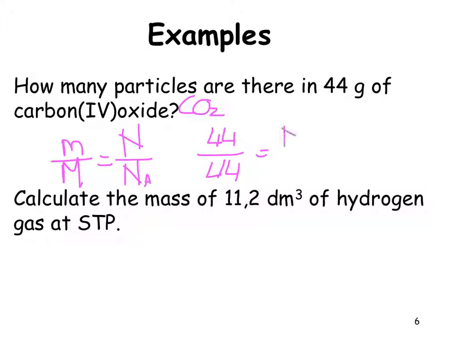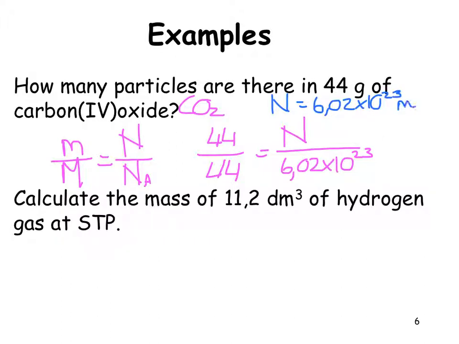I am asked how many particles I have got, and I know that Avogadro's number is 6,02 times 10 to the power of 23. When I work that out, I find that my number of particles is equal to 6,02 times 10 to the 23 molecules. And why am I choosing molecules? Because carbon dioxide is a covalently bonded molecule, non-metal.